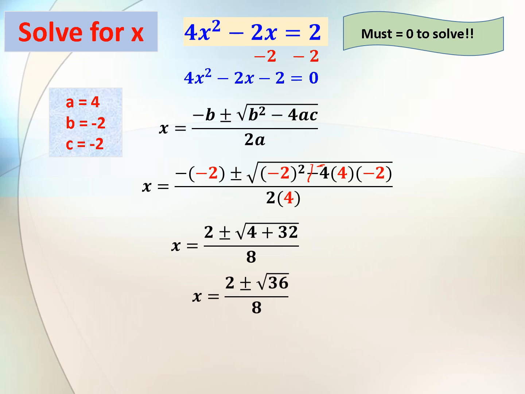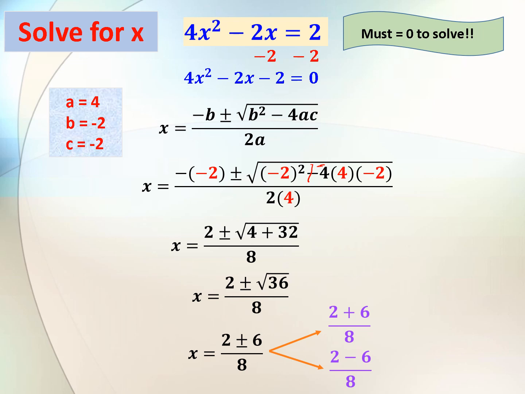Lucky for me this time, 36 is a perfect square. So the square root of 36 is 6. Now I have to break this into two separate expressions to simplify it. So I have 2 plus 6 divided by 8, and then I have 2 minus 6 divided by 8.